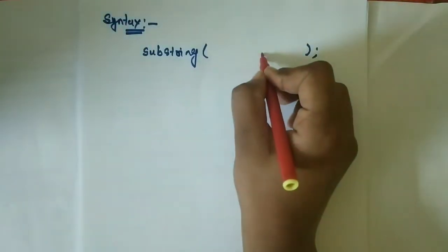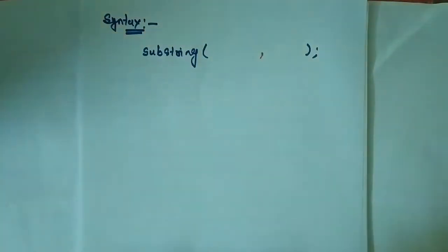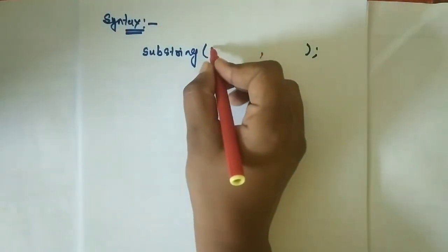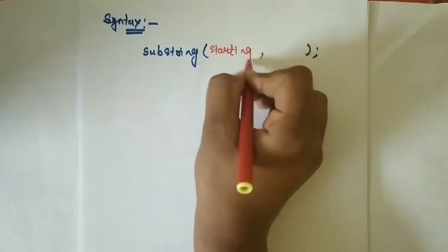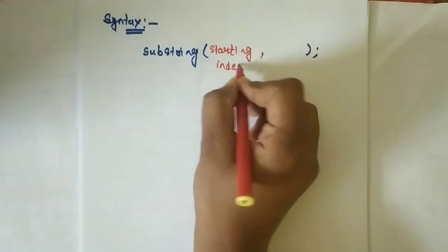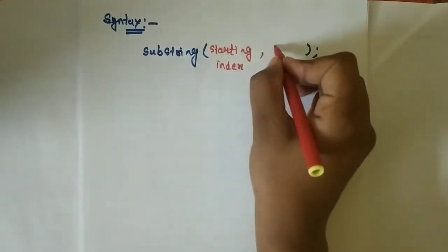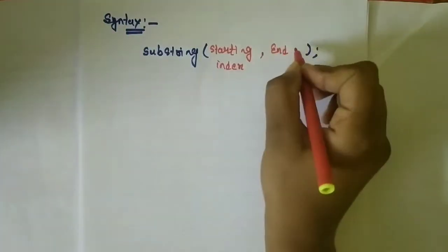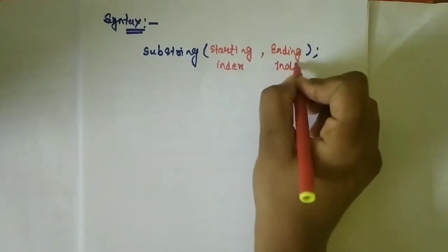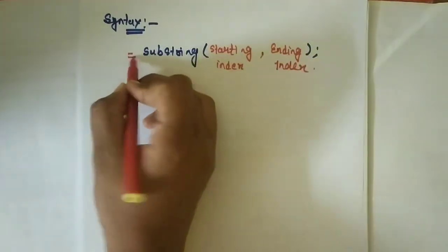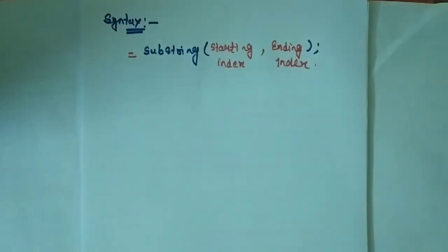That means we have to put 2 values. The first value is the starting index, and the second value is the ending index. This is the second substring function in string functions.